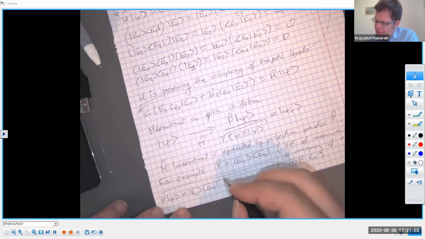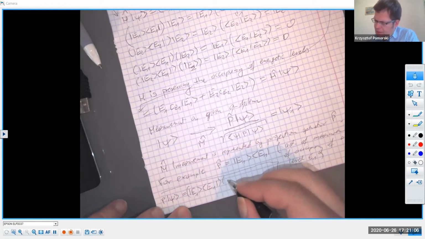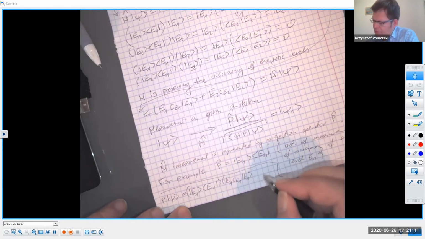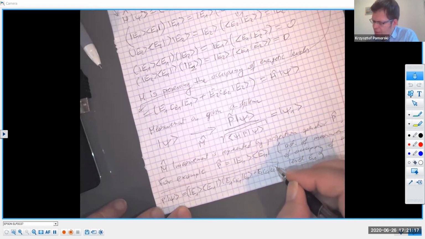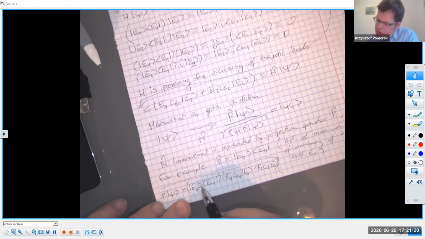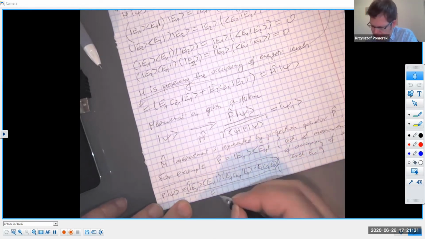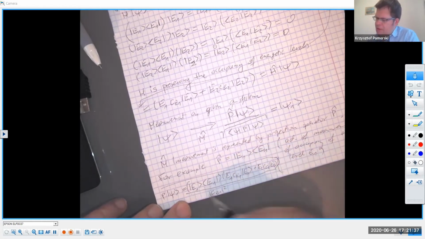we have it acting on a state, and only one term will survive. So we have such a situation, and this is what happens: only one energy level will survive.